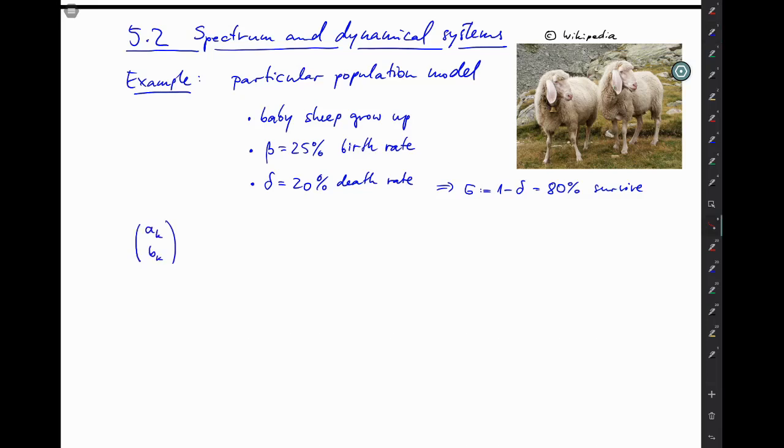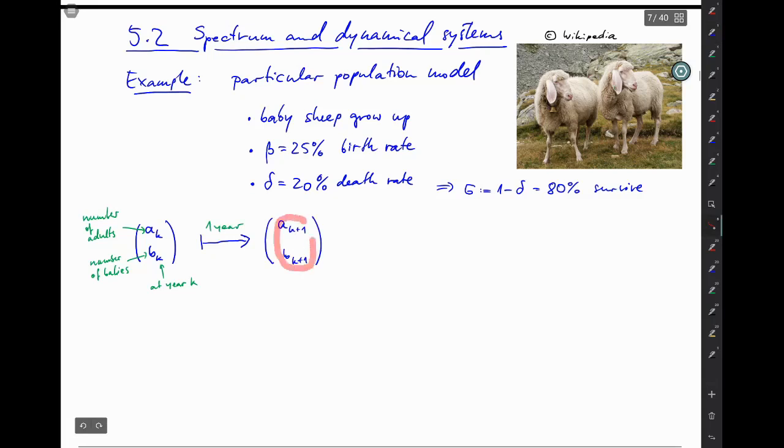And let's look at the number of adults and the number of babies at year number k. Okay, and then as 1 year goes by, here's your new population vector of adults and babies at year k plus 1. And based on the knowledge that we have about births and survivals, we can just compute the average or the expectation values for the new population counts.